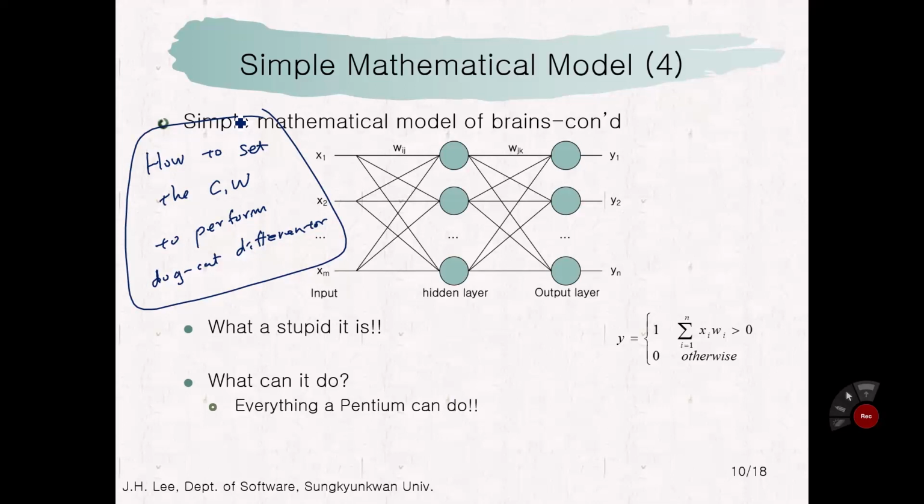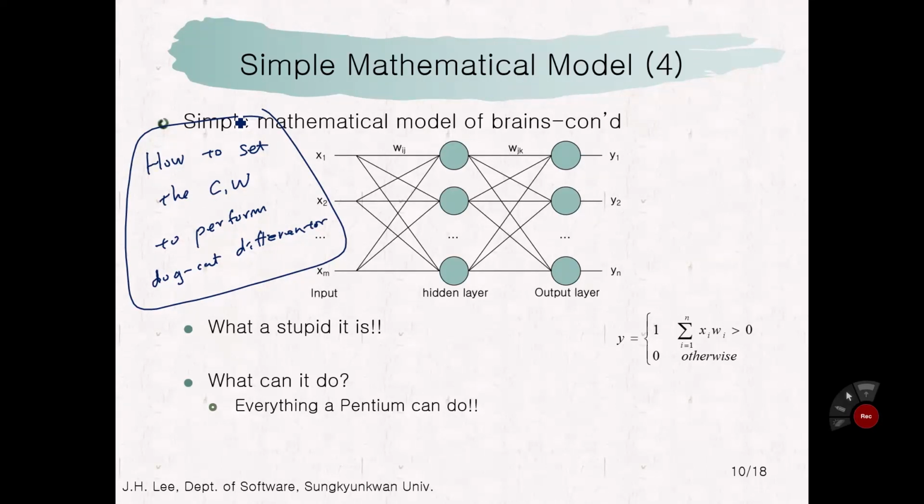You said the connection weight is important, and if I properly set up the connection weight, then the neural network will be a dog-cat differentiator. If I properly set up the connection weight, then this neural network will be a stock index predictor. If I properly set up the connection weight, then this neural network will be GPT-3.